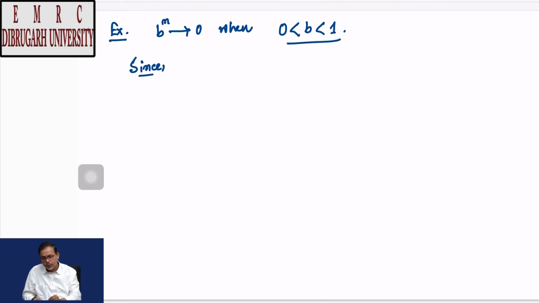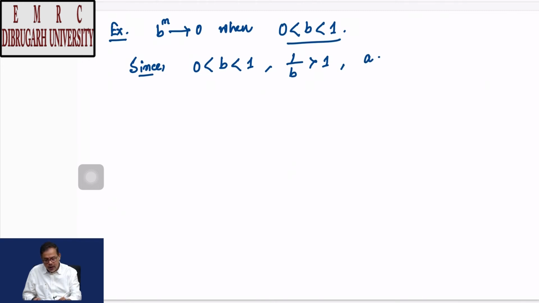Next, we show that b to the power n tends to 0 when b is lying between 0 and 1. Now, since 0 is less than b less than 1, 1/b is greater than 1.